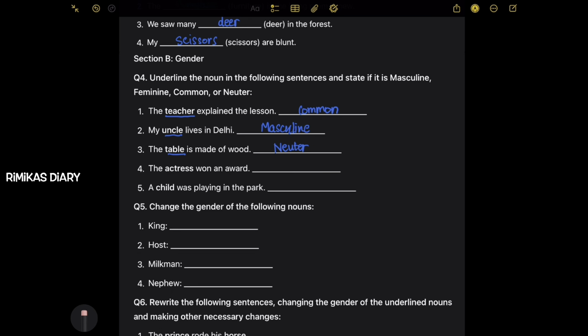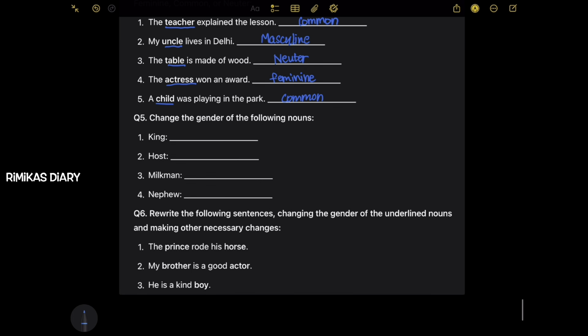The actress won an award, so actress is feminine. A child was playing in the park, so child is common. Question 5. Change the gender of the following nouns. So we have to change the gender.